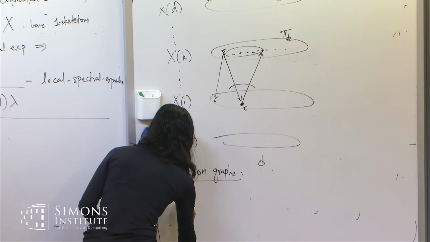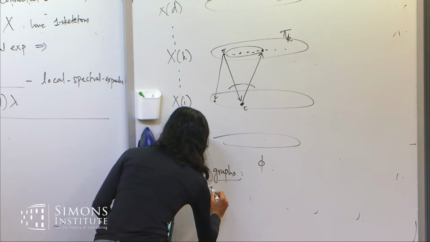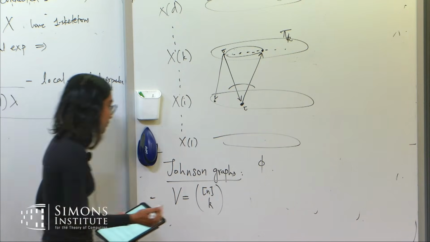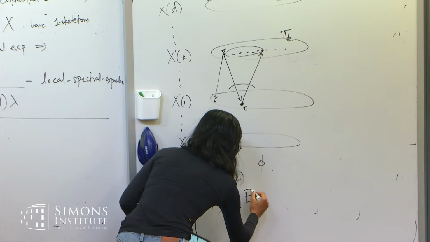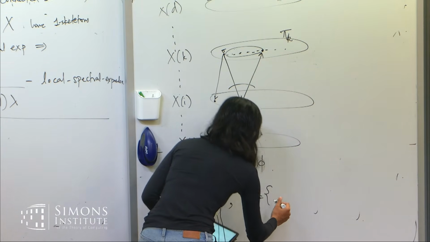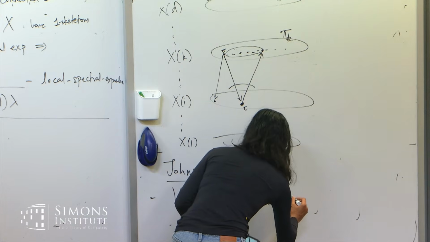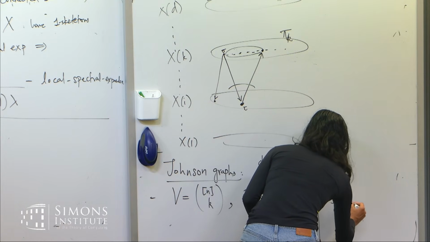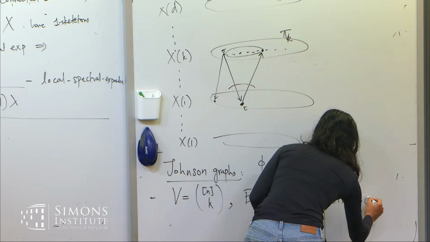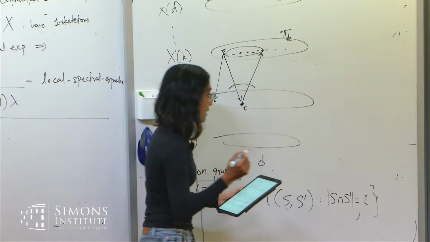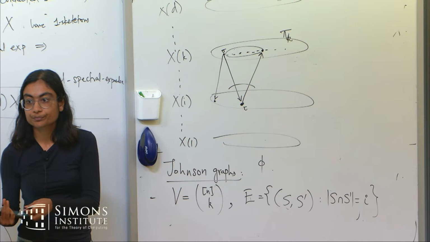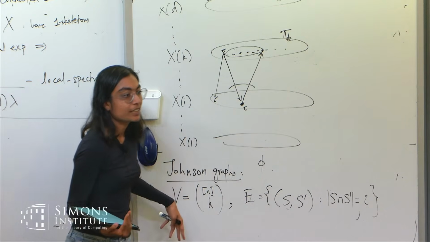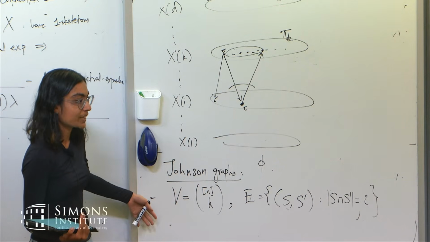The Johnson graphs have their vertices being all k size subsets of the universe on n, and you have an edge between two sets S and S prime such that S and S prime intersect in exactly i vertices. So these are very well known, and there are many textbooks that analyze the spectrum of these graphs.